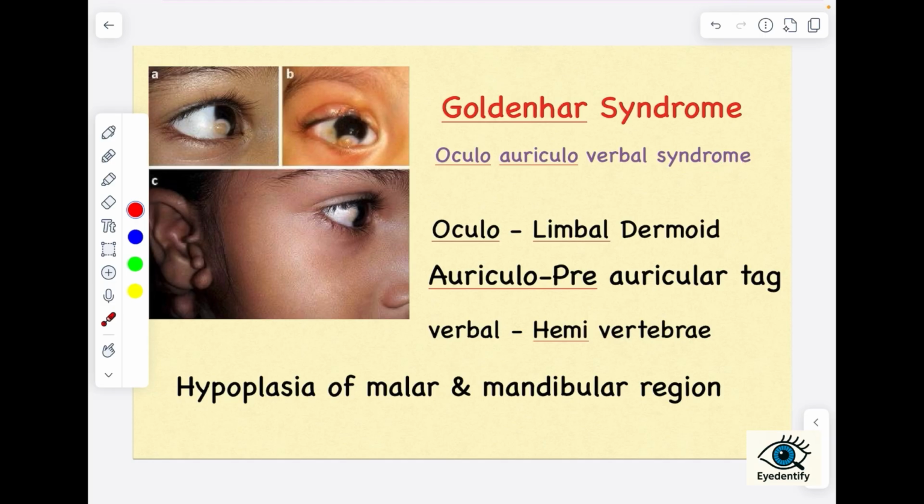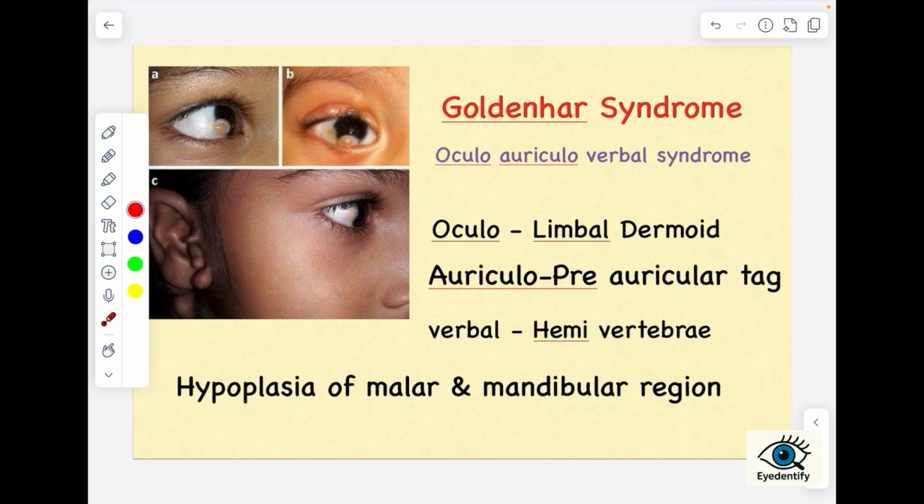Why is it called that? Oculo means in the eye we see limbal dermoid, auriculo means ear, where we see a preauricular tag. As we can see here, a preauricular tag and limbal dermoid in the inferotemporal location. And vertebral means vertebrae: there will be hemivertebrae and hypoplasia of the malar and mandibular region.